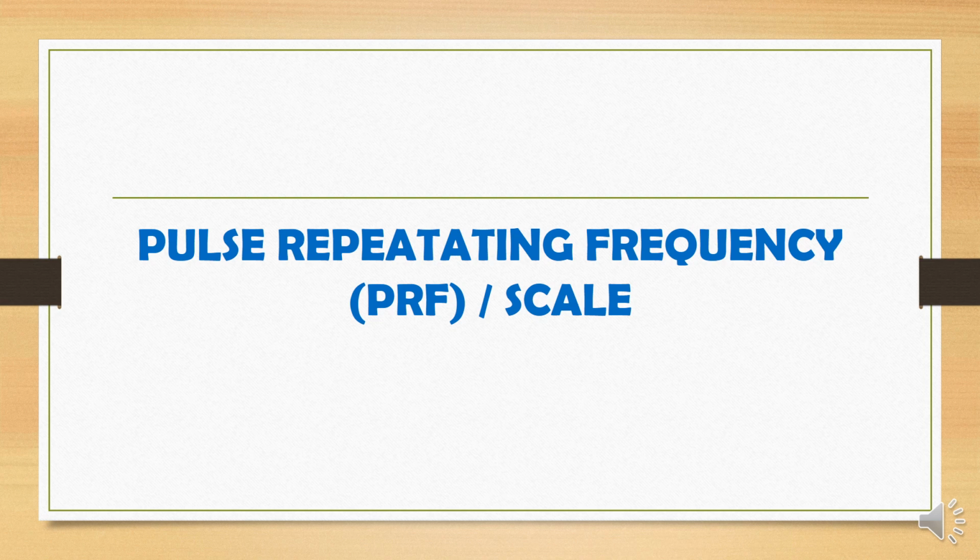So in that particular case, you will have to put your PRF between 50 to 80 or 100. Similarly, if you are doing a venous examination which has a velocity around 15 to 20 centimeter per second, in that case you will have to put your PRF between 5 to 20. If your PRF is not properly put, then there will be aliasing.